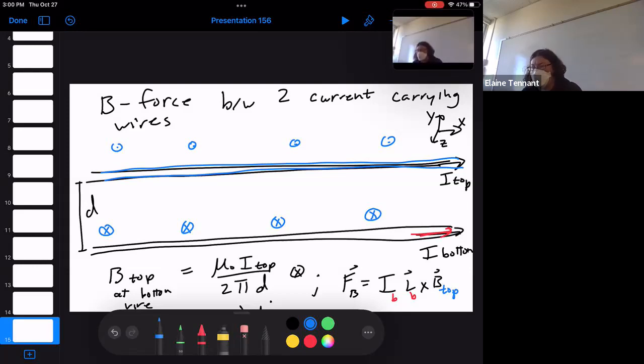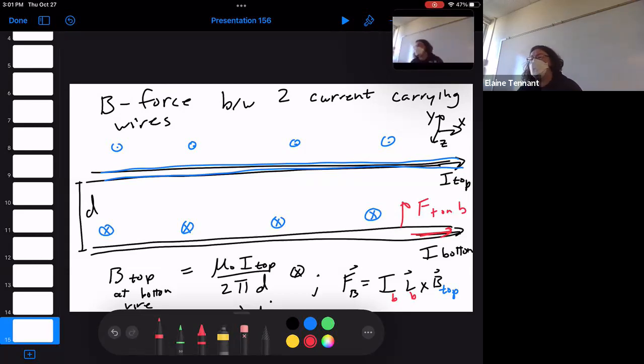So which way will the force on the bottom wire be? No, you had it. L cross B. Oh, yeah, so force towards the top of the page? Excellent. So we have a force, top on bottom, going up.